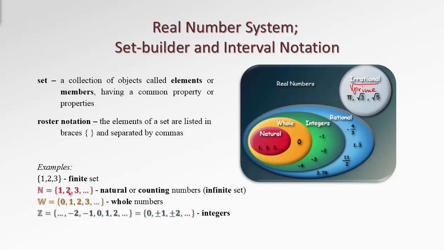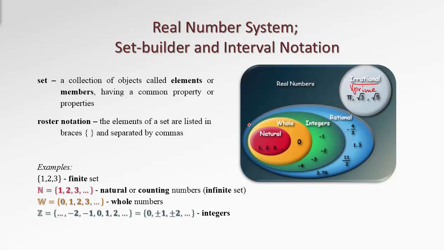We can list some of those elements. Usually we list the first couple of elements, like 1, 2, 3, and then after a comma write 3 dots. That indicates that the numbers follow that pattern. We skip by 1, and we can count like this as far as we want to. It goes up to infinity. So that's an example of an infinite set, but still represented using roster notation.